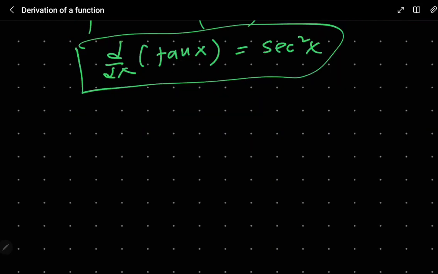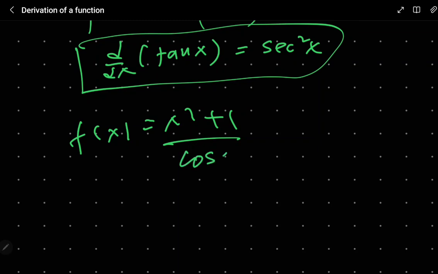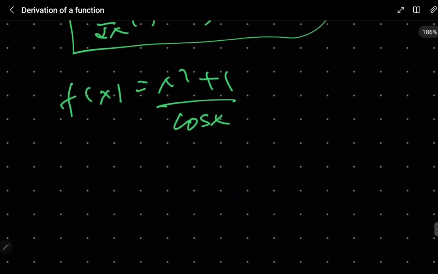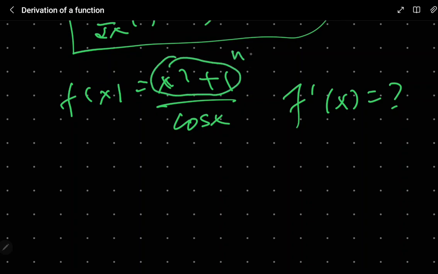The other one: you are given f of x is equal to x squared plus 1 over cos x, and we are required to find f prime of x. We treat this as a quotient function. You can call the numerator h of x and the denominator g of x.